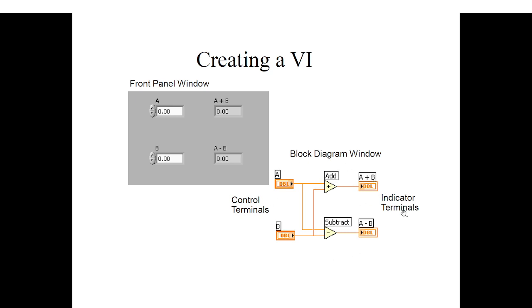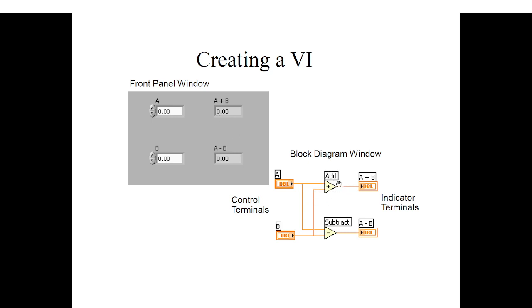This is the block diagram window. In the front panel we have the A input, and that is shown in the block diagram, and B is also shown in the block diagram. We only need to wire according to our operations. Our operation is A plus B, that means we need to go for addition.